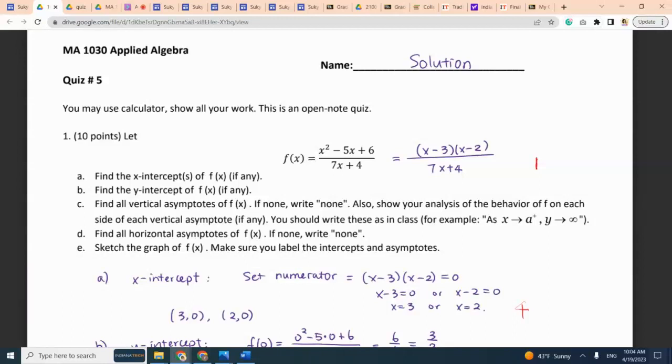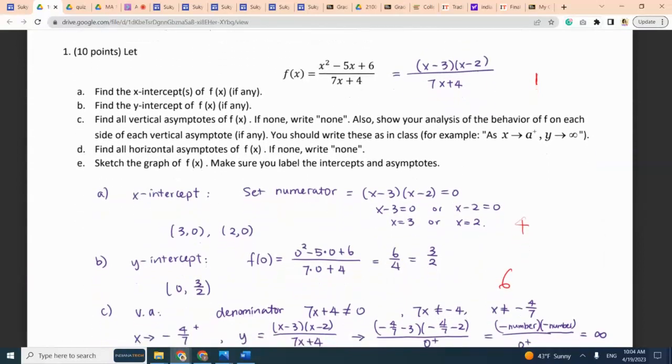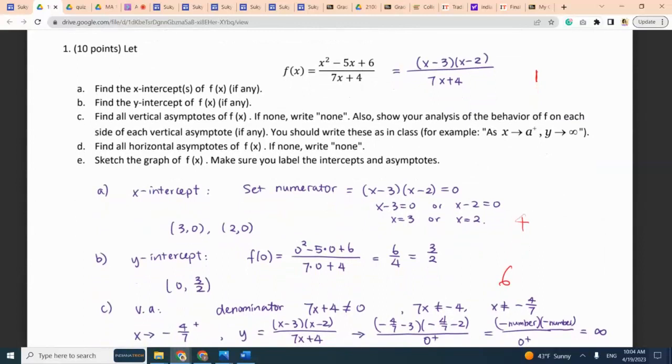To find the x-intercept, we set the numerator equal to 0. So numerator, x minus 3, x minus 2 is 0. Solve for x. So x minus 3 is 0, or x minus 2 is 0. So we get x equals 3 or x equals 2. X-intercepts are points, so give me ordered pairs: (3, 0), (2, 0).